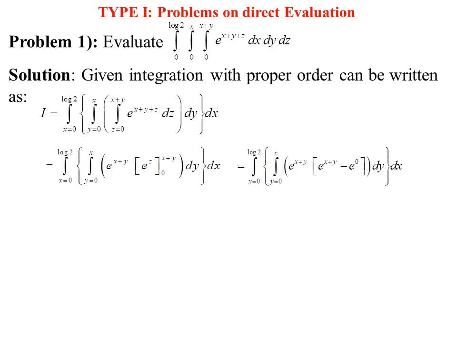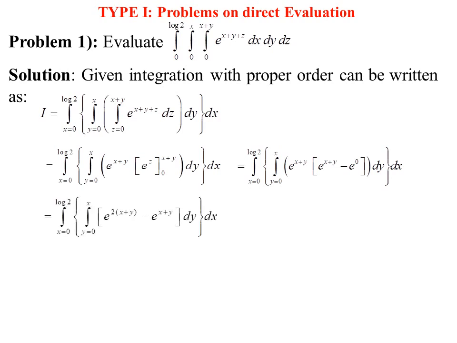Let us proceed further with the next step. Integration 0 to log 2, integration 0 to x. Now the inner term is simplified. E raised to power x plus y is constant. Applying the lower and upper limit to this inner square bracket, we will get e raised to power x plus y minus e raised to power 0, into dy into dx as it is.